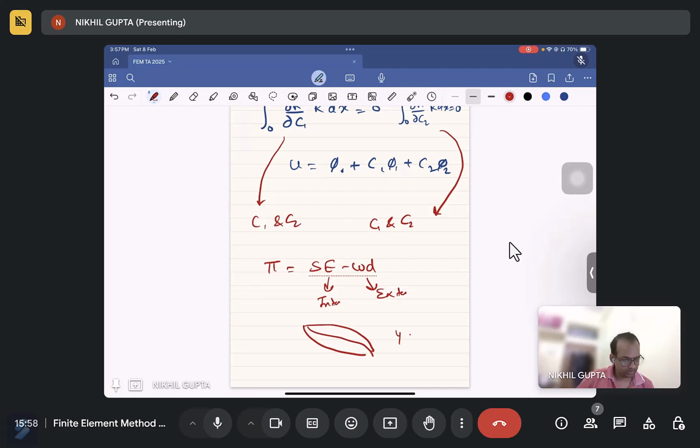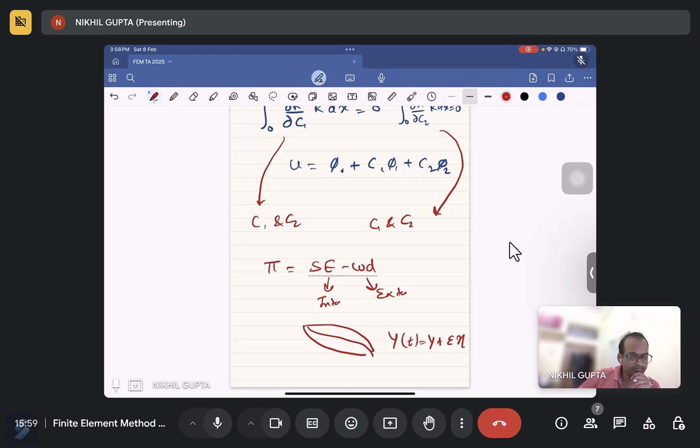Can you write it? Y tilde is equal to y plus epsilon eta. Okay, you can write it.